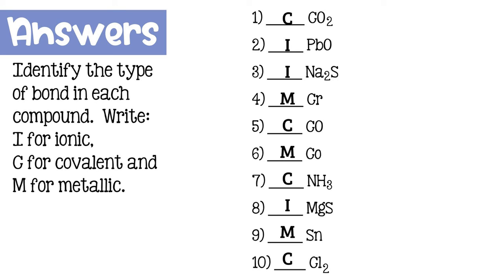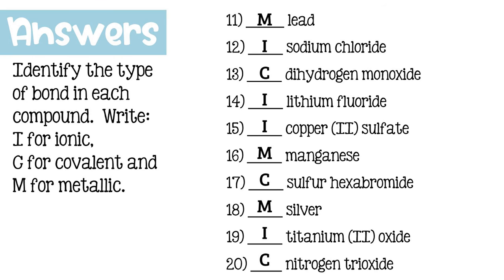And Cl2, or chlorine gas, or a dichloride molecule, however you want to say it, is our covalent molecule. Let's keep going. Lead is a metal. Sodium chloride, sodium is metal, chlorine is nonmetal, it is ionic. Dihydrogen monoxide, that is covalent, hydrogen and oxygen.